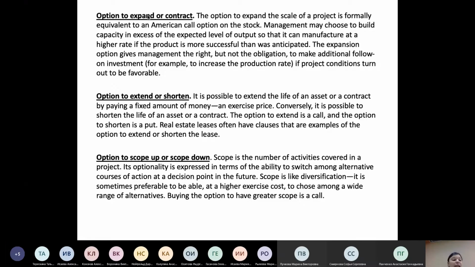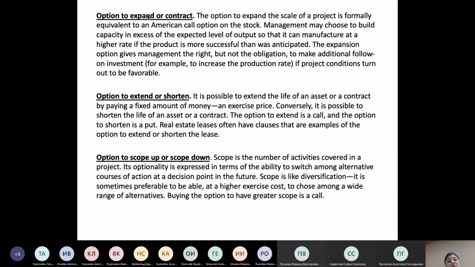And the second kind, the option to extend or shorten, is a variant of a put option when we modify, first of all, the power of our project, for example, in case of a negative scenario of negative financial results.